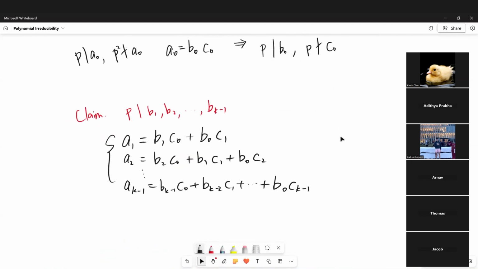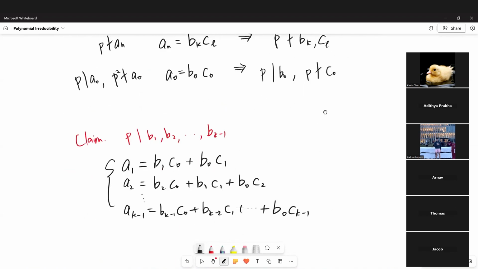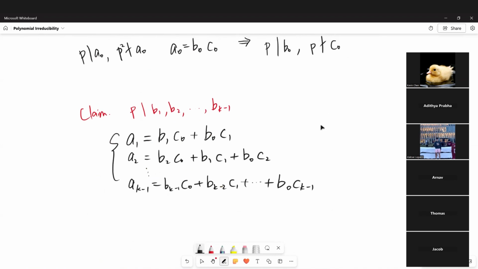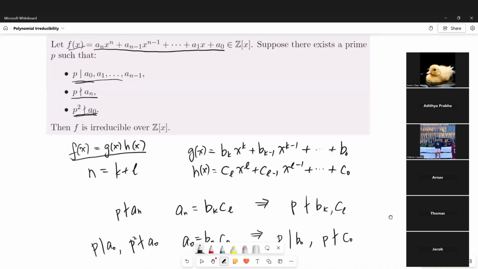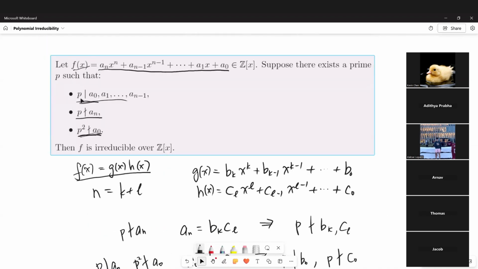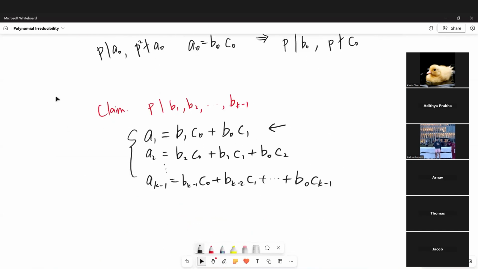And with this, we can start an inductive argument. So the base case is that p divides b_1. So we prove this using this first equation over here, because from the criterion we have p divides a_1, right? So for this first equation over here, if we take this mod p, a_1 is just 0 because p divides a_1. And then we don't know anything about b_1 times c_0 yet, so we just write it down.